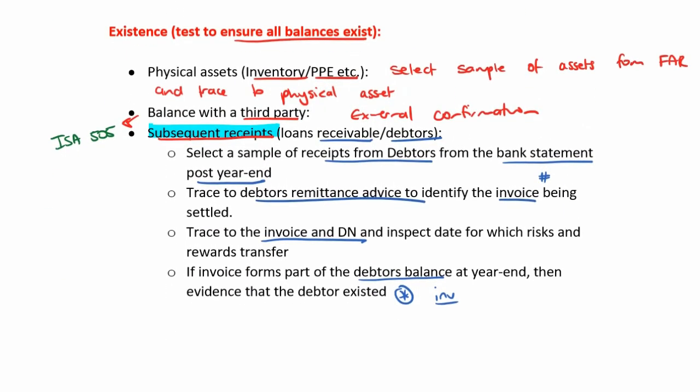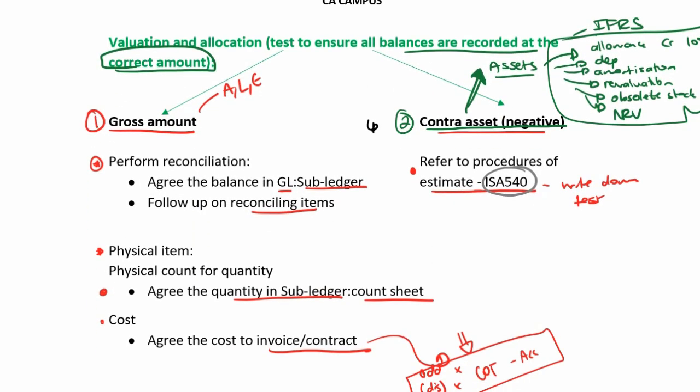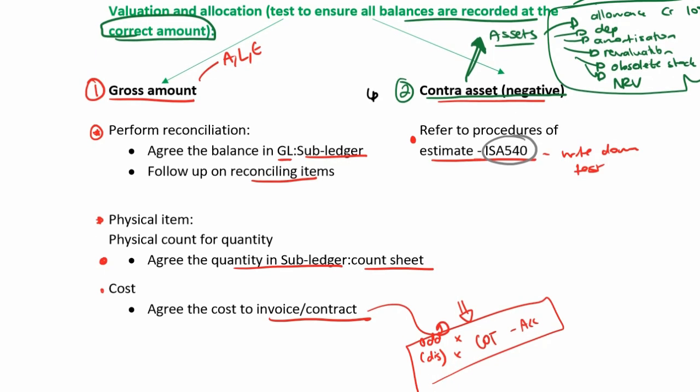Existence, I can go and get a confirmation with the third party because the loan is with a third party. So I've got a procedure I can do here. Valuation and allocation. So initial recording, we've tested the accuracy by looking at the contract and details. I will now have to look at the subsequent measurements. Okay, so considering everything that gets included to give me that balance at year end and potentially doing a recon if required.